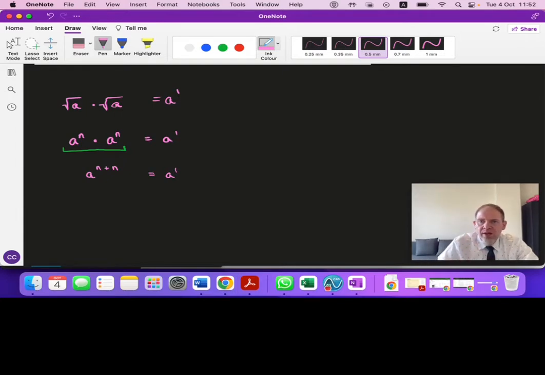Now I'm going to simplify that one more. If I've got n plus n, my rules of combining like terms allow me to rewrite that as a to the 2n is the exact same thing as a to the 1. Well, if those two sides are the same, and that's what our equation's saying, then the bases are the same. That means that the indices have to be the same as well, right?